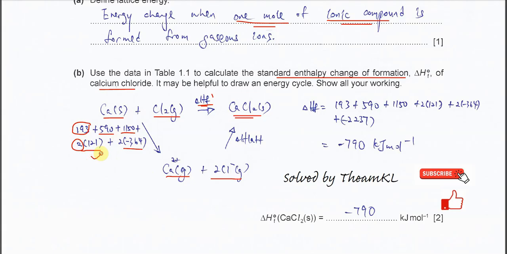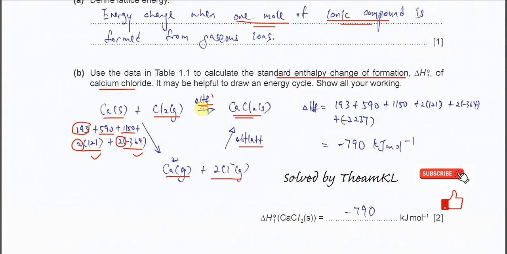So this is the atomization energy for chlorine, and this is the EA, electron affinity of chlorine. So both times 2. Okay, after that, you need to use the lattice energy. The lattice energy for calcium chloride is given, which is negative 2237. Once you get all these energies or enthalpies, you can perform the calculation.